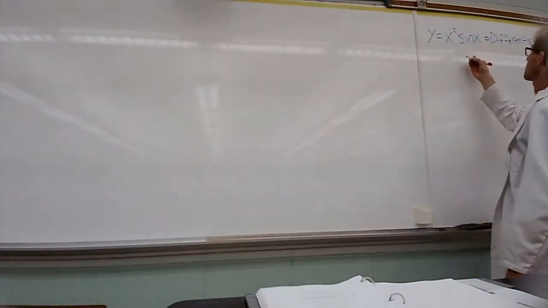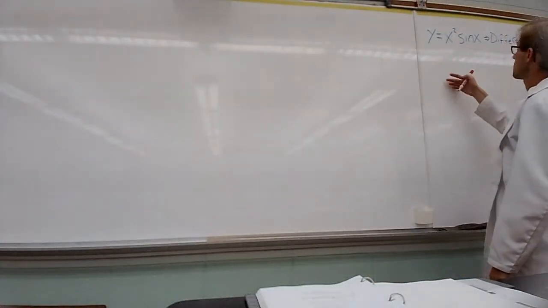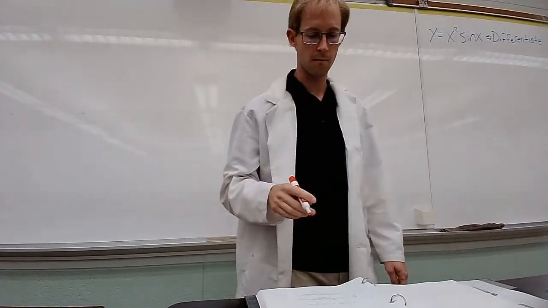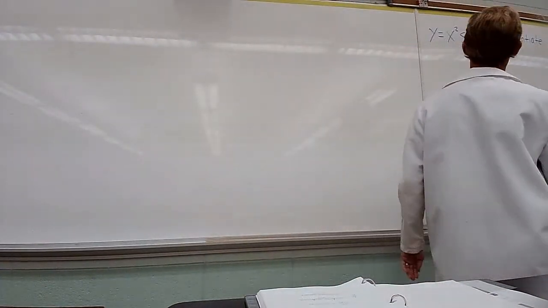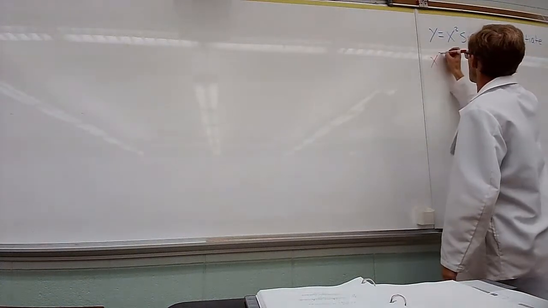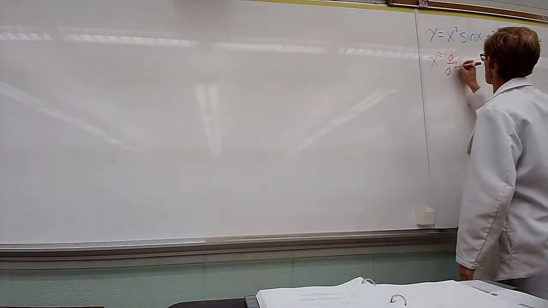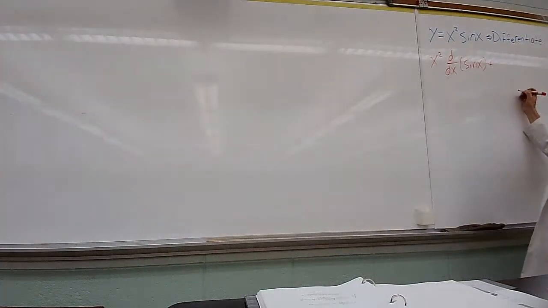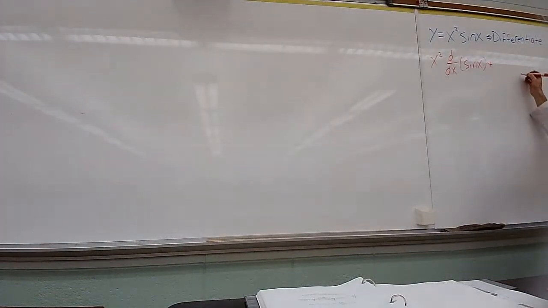So all you're doing when you're taking the derivative of this is you just follow the procedure that we outlined for product rule yesterday. So we're going to start by pulling out that x squared, take the derivative of sine x, and then to that you add and you do the exact opposite.